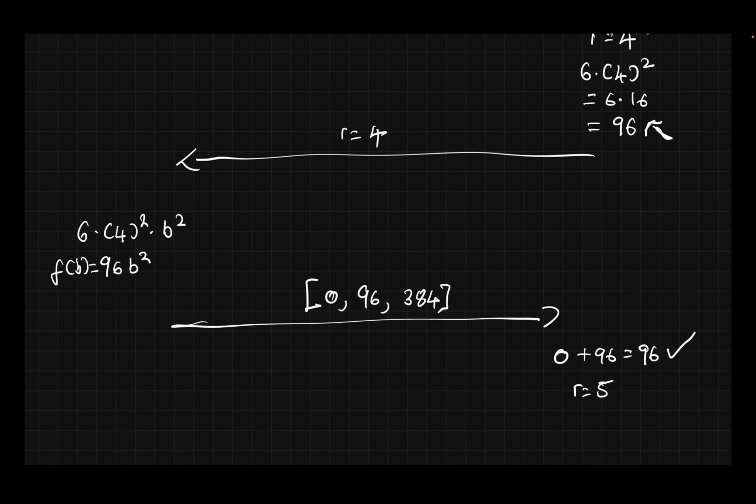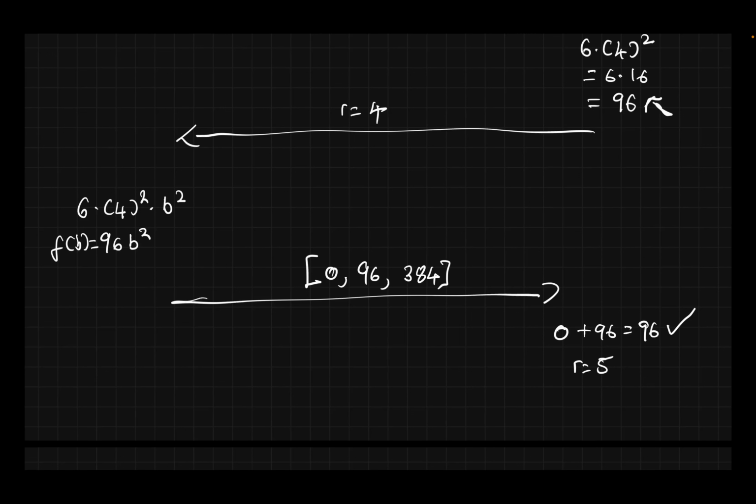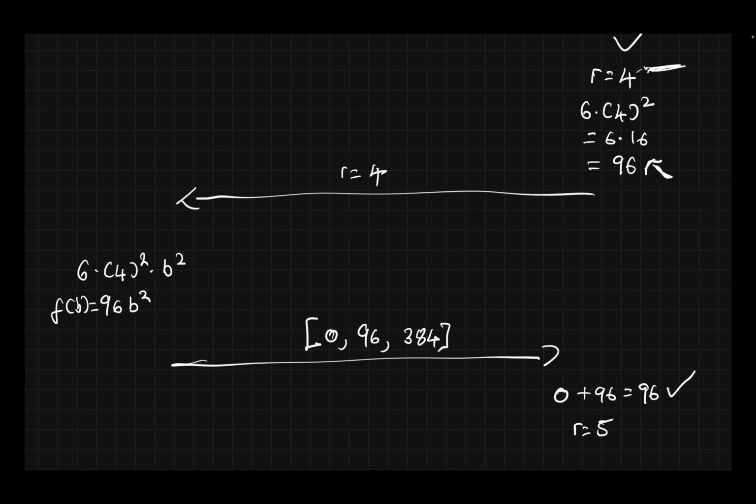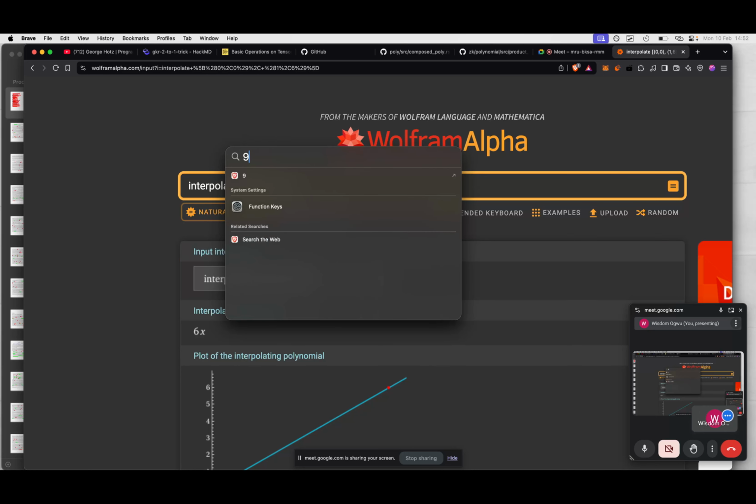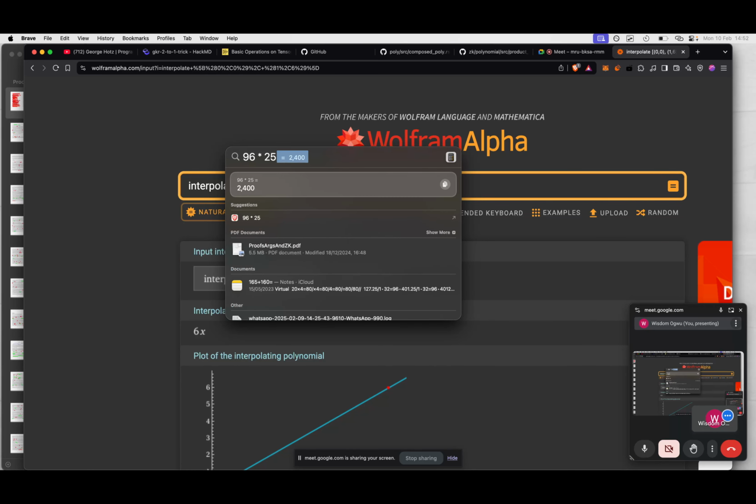Oracle check, right? So that was the last. The verifier gets the expected oracle check result by evaluating this polynomial at 5. So that's 96 times 5 squared, that's 2,400.